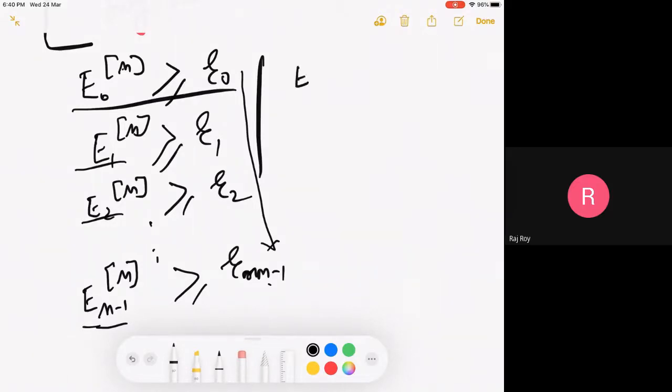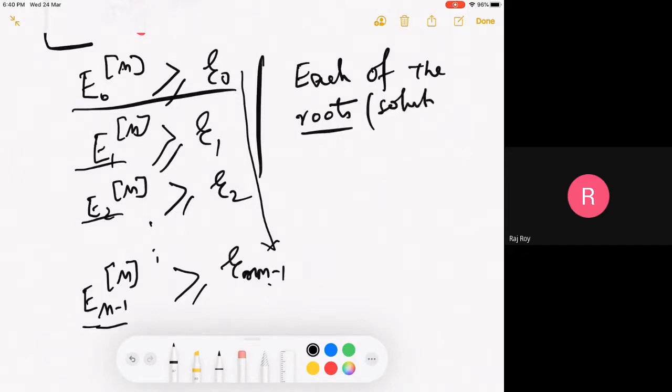So each of the roots, whenever I say roots, it is an approximate solution to the eigenvalue equation. I've got m of them.